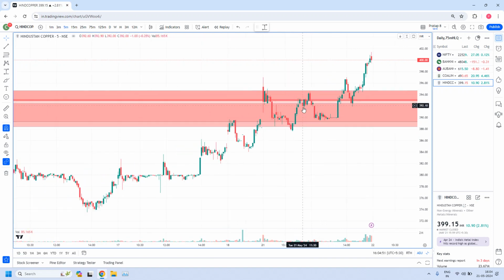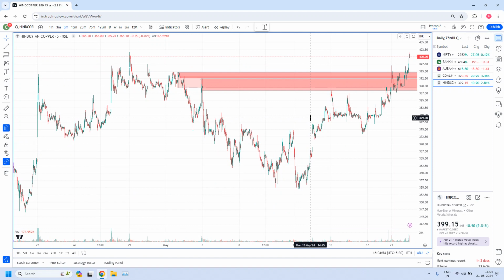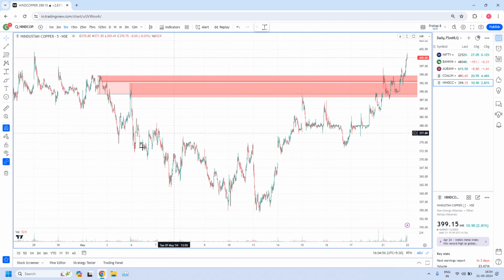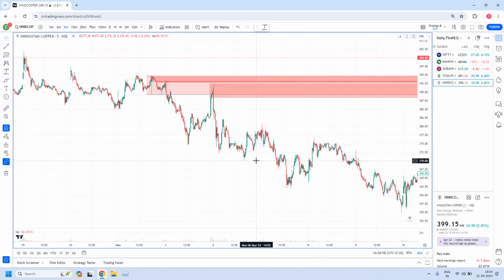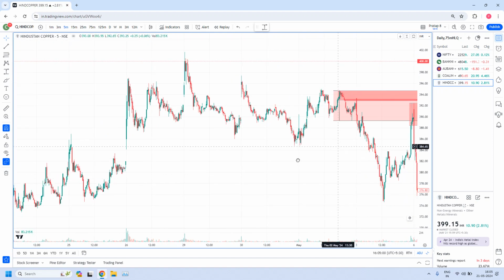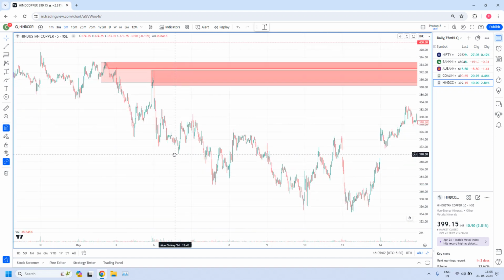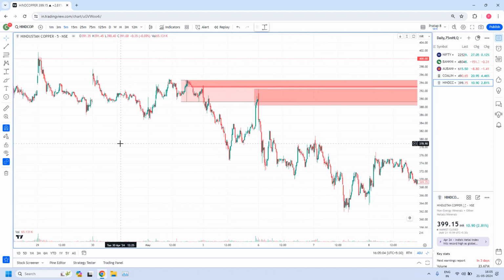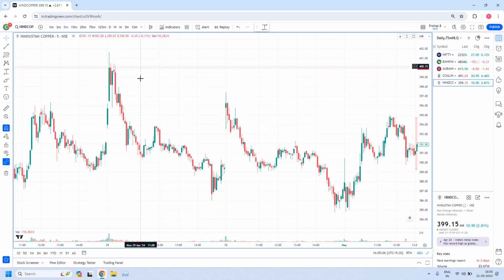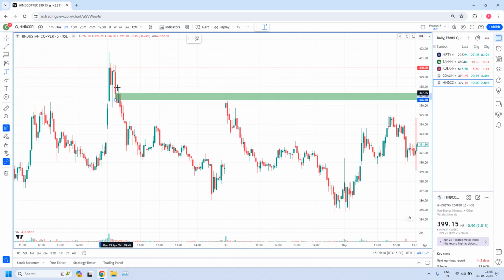But I am not comfortable to consider that as a bull trap. Somehow I didn't like this price structure for this zone. But if anybody would have considered this zone as a bull trap, probably you would have got some profit.